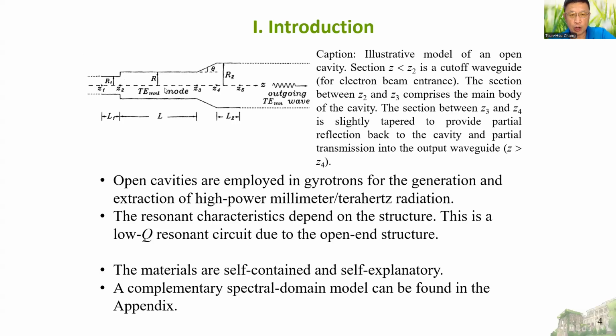This is a low Q resonance circuit due to the open end structure here. The materials are self-contained and self-explanatory. Okay, a complementary spectral domain model can be found in the appendix. So we will talk about a spectral domain model later on, frequency domain.